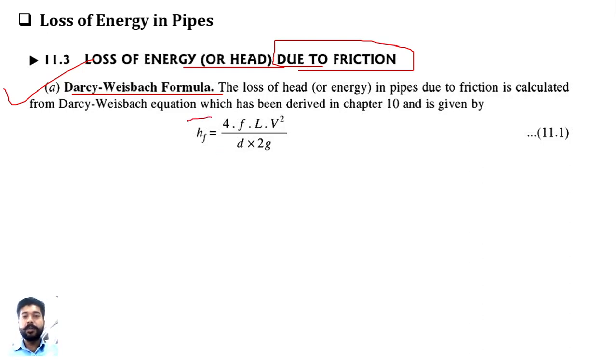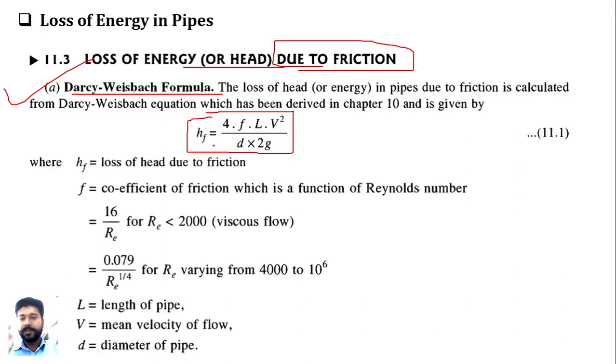The head loss due to friction hf is equal to 4flv² divided by 2gd, where f is the friction factor or the friction coefficient. This equation was derived in our previous session, so please watch that previous session, which is a very important topic: the Darcy-Weisbach formula.